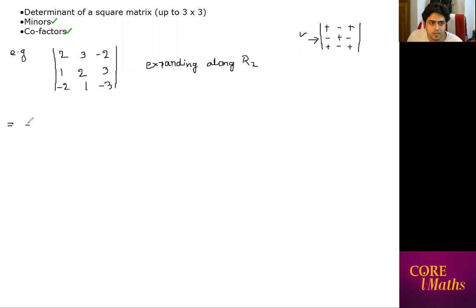minus of element 1 and its minor. If we leave the second row and first column, the remaining elements are 3, minus 2, 1, minus 3.